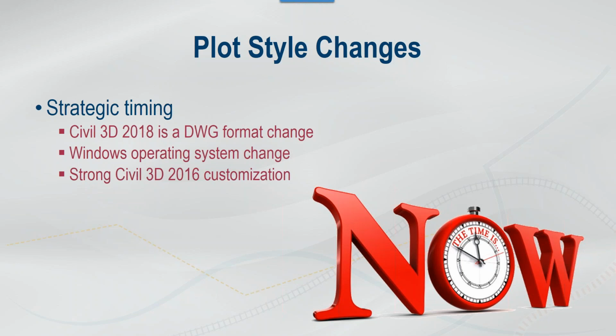And we know that our current version, Civil 3D 2016, is running well and is supported in Windows 10, which we expect to be around a while. And three, we feel that we have a very strong customization in place for Civil 3D 2016, with everything you need to finish a project. Our existing plan is that this change to CTB will be our last major plotting standards change.